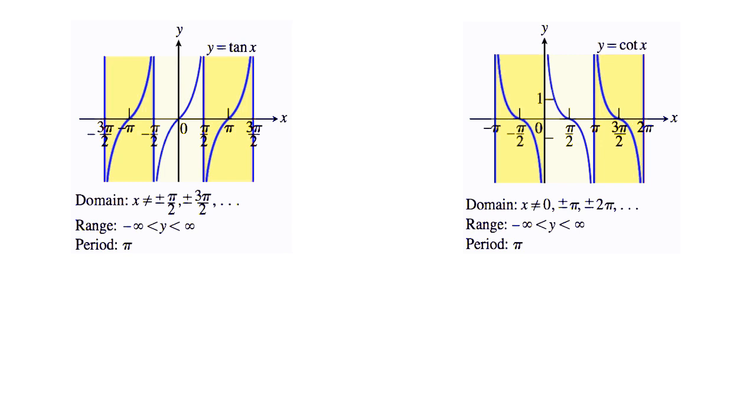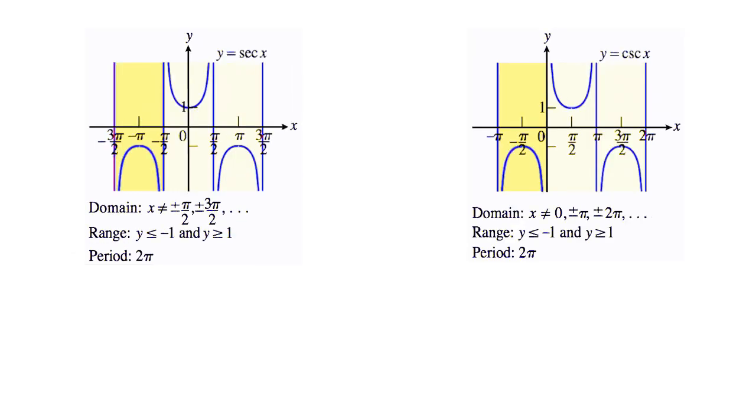Notice we have vertical asymptotes occurring for all of those values that are not in the domain. On the right hand side we have the cotangent x function. Here the domain is the set of all x such that x cannot be 0 nor any multiple of pi. The range is all real numbers, and again the period is pi.